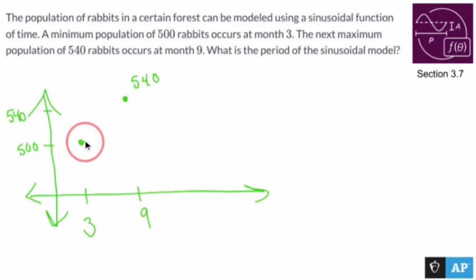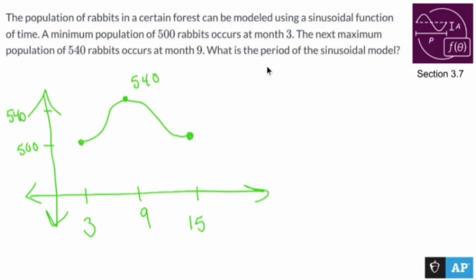So if this is sinusoidal, you're going to look like this, which means this is half of a period. So if it takes 6 to get half of a period, that means to complete the period, you're going to add 6 to 9, which is 15. So this guy can come back down and complete its cycle at 500 again.